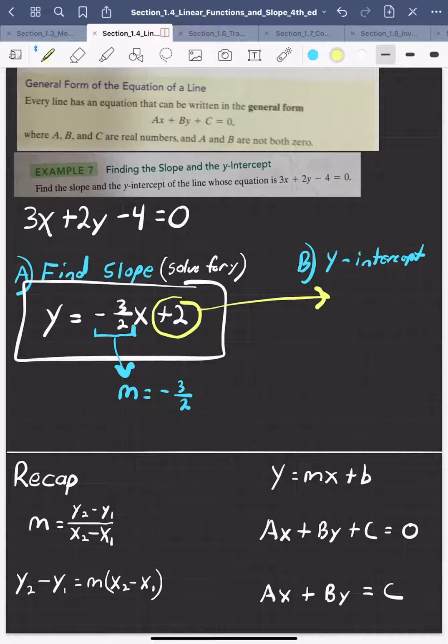So does that make sense that the y-intercept is going to be equal to 2, right? So 0, 2.